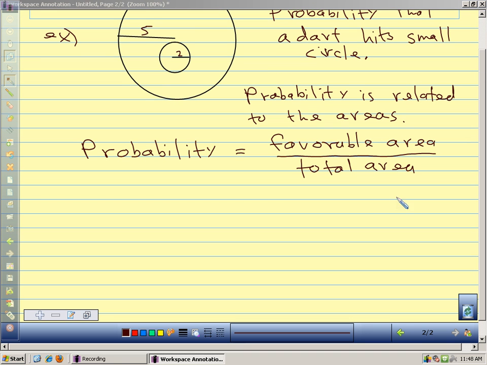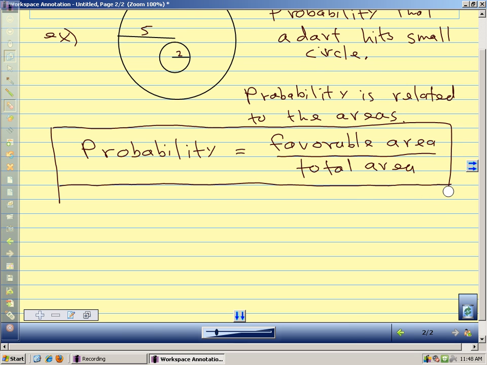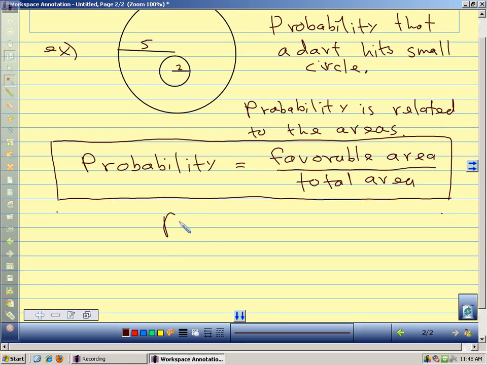So let's calculate our probability in this case. And again, this is what you want to have in your flip book to help you remember. Favorable area over total area. So for our problem, the probability is the favorable area is the area of the small circle.